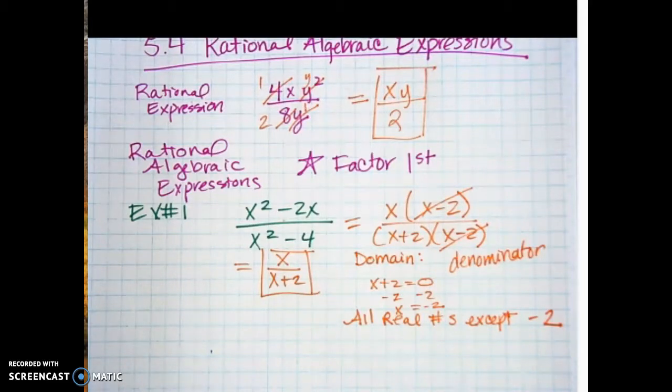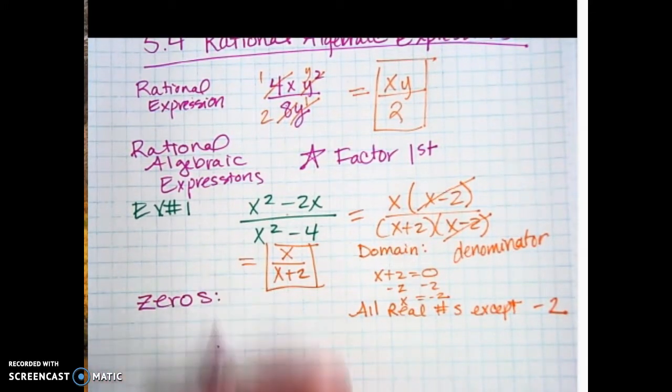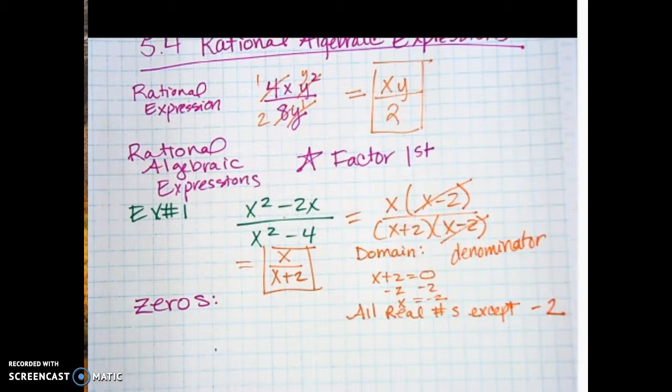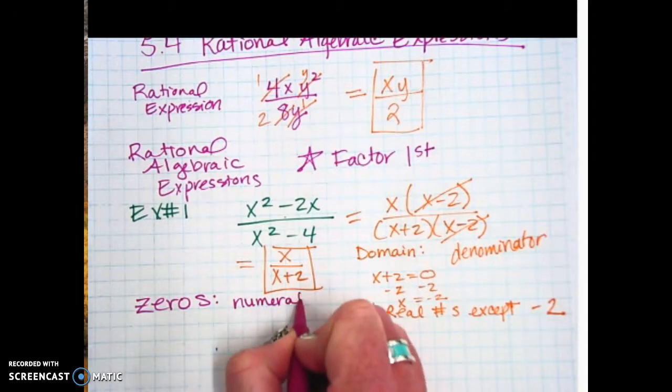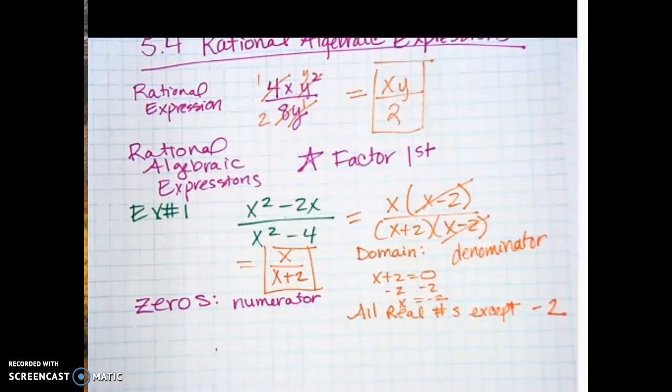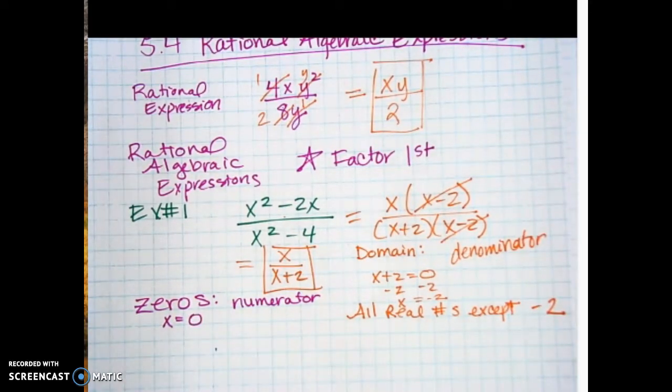Okay, the other question it'll ask you is, what are the zeros of this expression? So for the zeros, you're going to look at the numerator. And we just have this x. So you're going to set the x equal to 0.